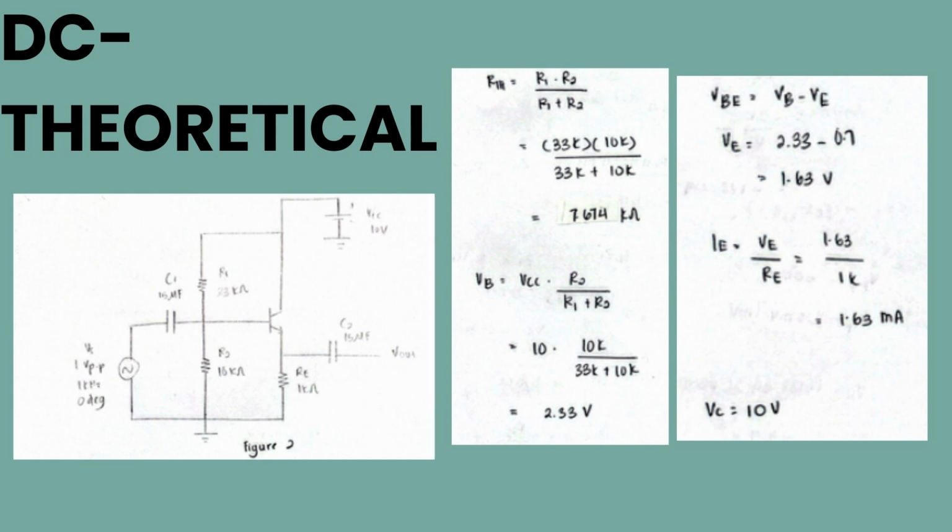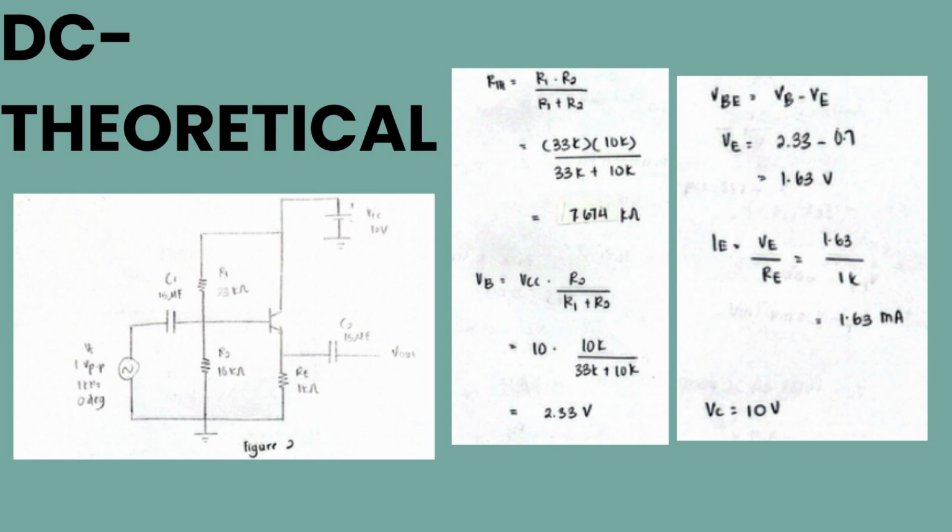VE is in the equation of VBE. VBE equals VB minus VE. VBE, as you know, is 0.7. So VE equals 2.33 from the VB minus 0.7. We can get 1.63 volt.